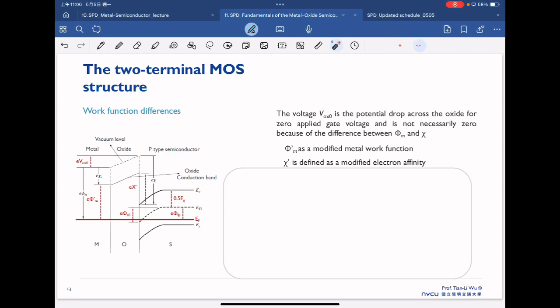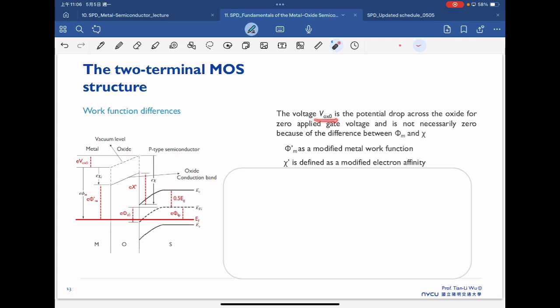With this consideration, we have several different terms. Phi n is a modified work function. The original is E phi n, but now we have a phi n prime. We also have the revised E chi prime, compared to the original one.